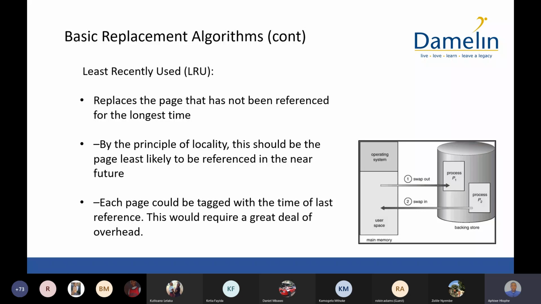And so it's able to replace the page that has not been referenced for the longest of time. That will be the one that is there initially, first in the cache.